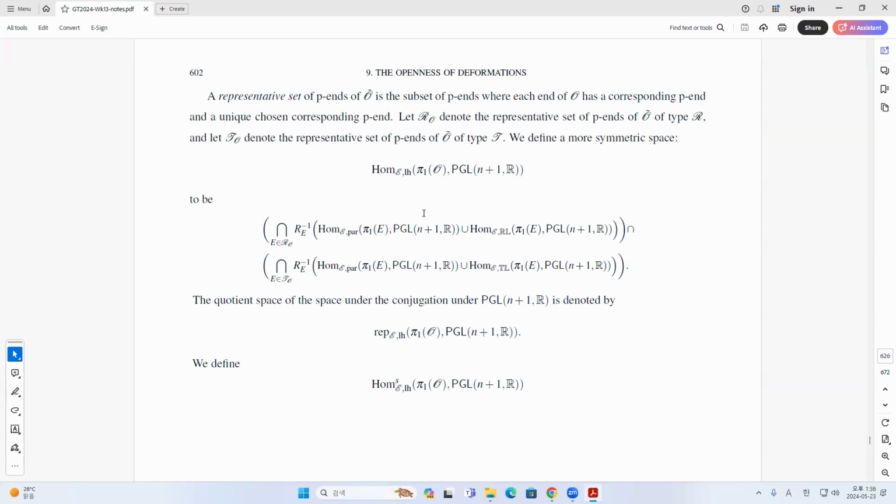Okay, so this will be the space that we'll be working with, and the quotient will be denoted by this.